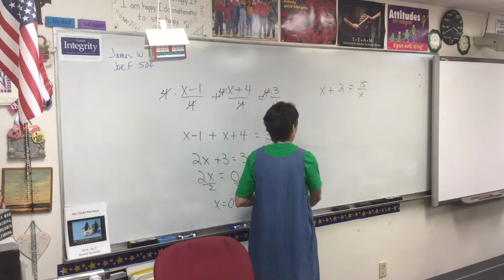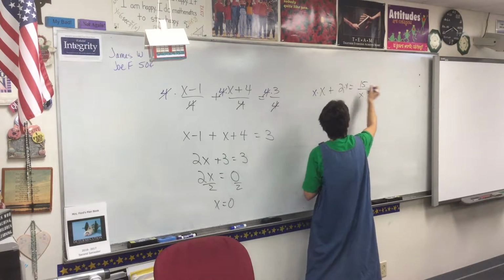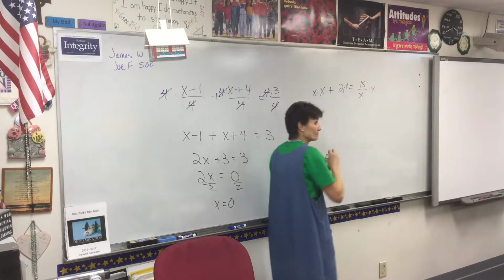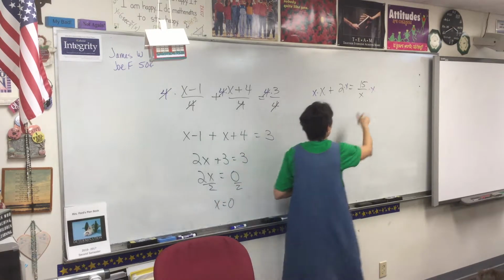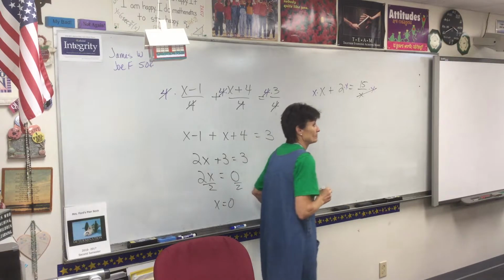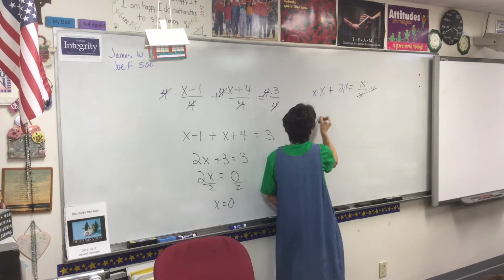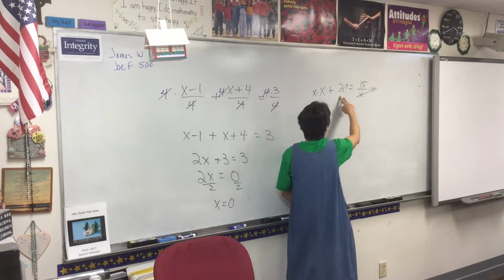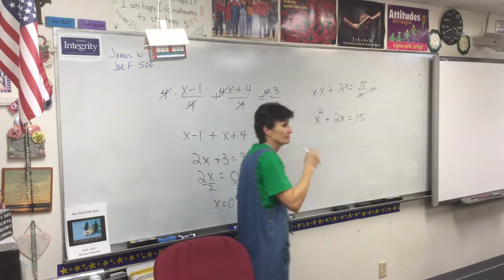And when I multiply by x, I have to be very careful to multiply everything by x. And the reason I did it is so these would cancel. So now I have x squared plus 2x equal to 15.